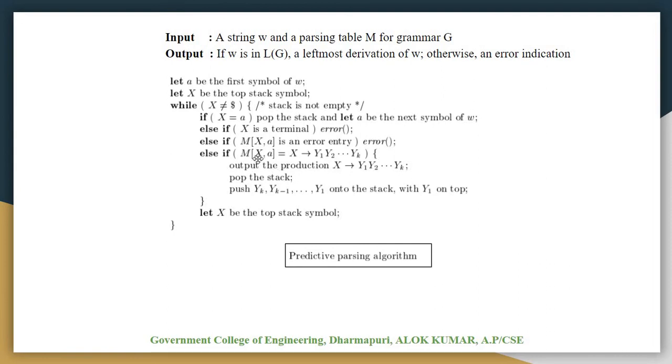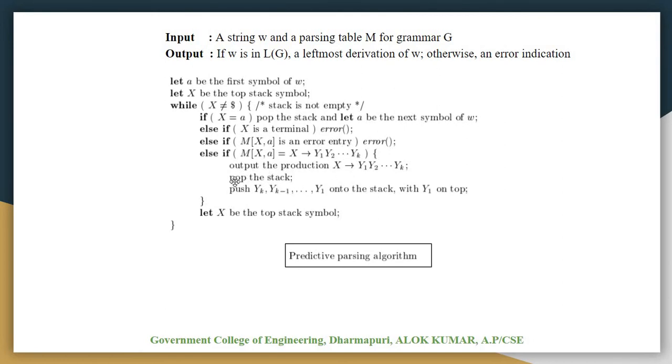Else if this entry is some production rule, like X is at the top of the stack, and X has a production rule like Y1 Y2 up to Yk, then we have to pop X and push this full production rule onto that stack.